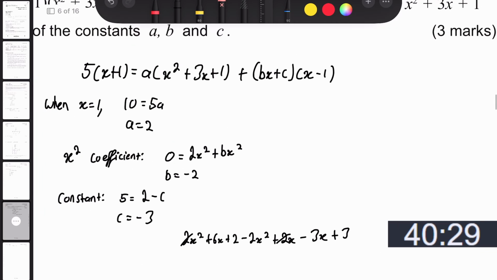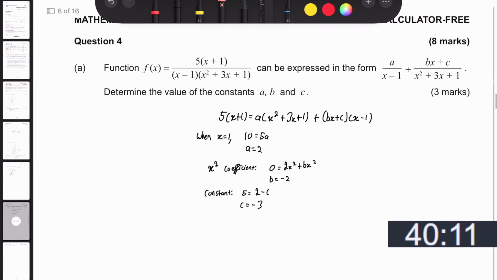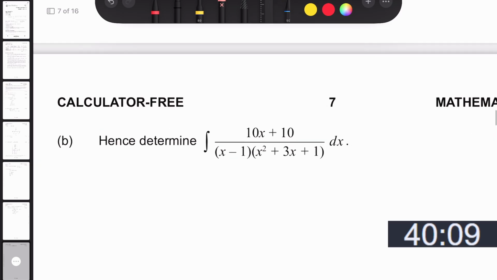So then cancel. 3x, 5. Oh wait, hold on. That cancels. Becomes 5x and then plus 5. Okay, nice. So a is 2, b is negative 2, c is negative 3.